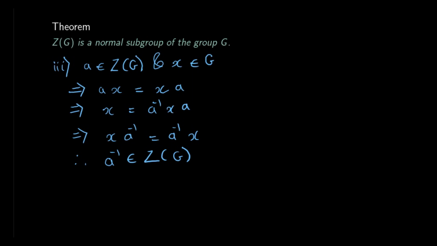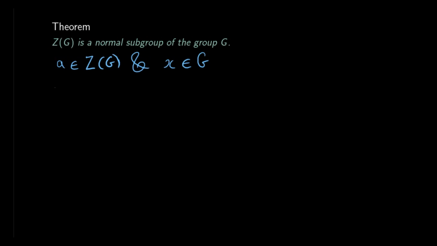Now, let us prove that Z(G) is a normal subgroup of G. To prove this, we need to prove that Z(G) is closed under conjugation. In the sense, if we take an a inside Z(G) and an x in G, we need to prove that x inverse ax is again in Z(G).